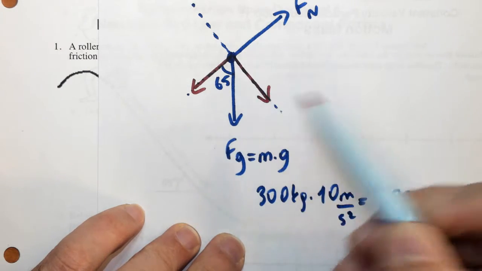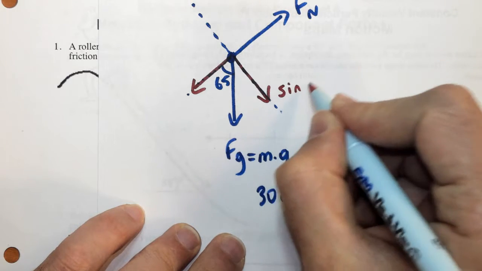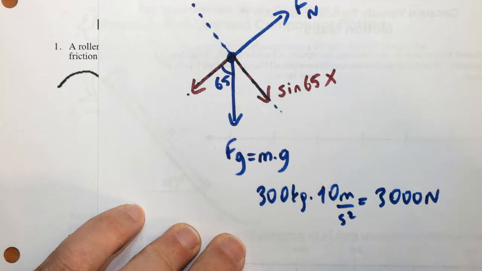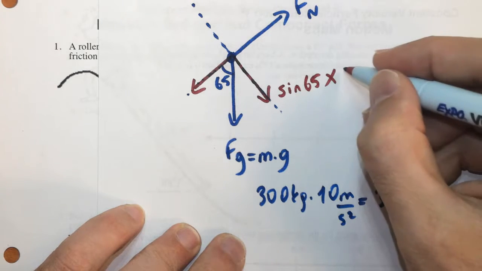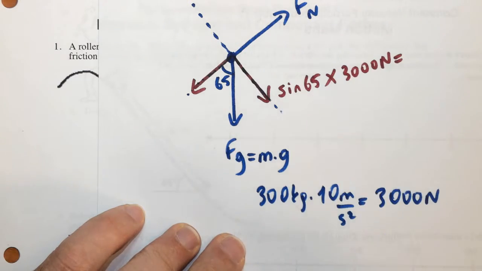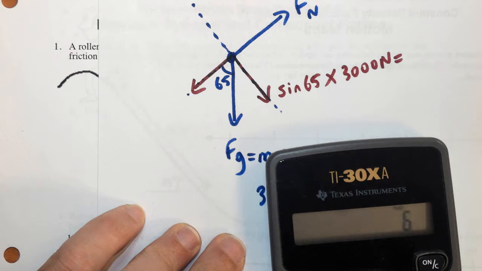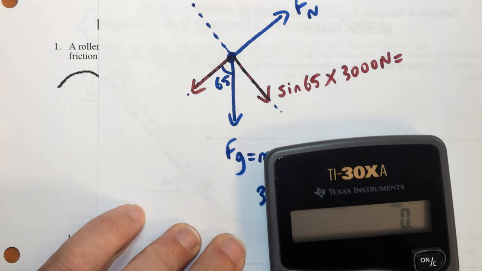This is sine. So sine 65 times 3000 Newton will give you the component. So let's do the calculation. This is sine 65, which is 0.8268, times 3000.